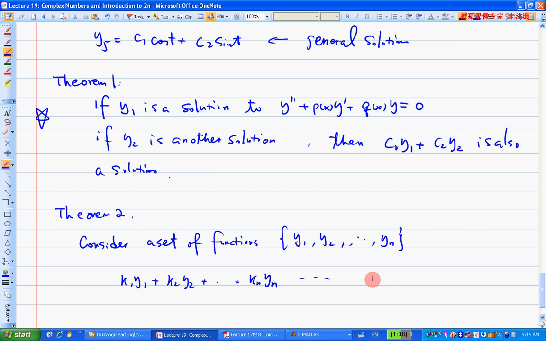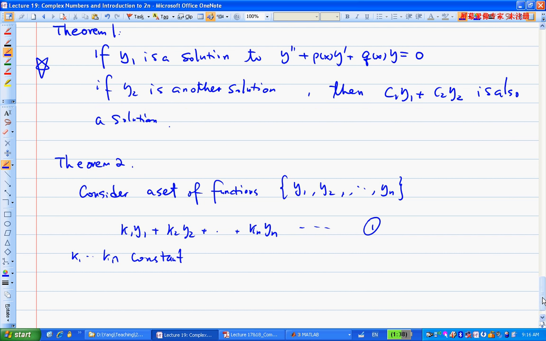Let's call it number 1. Essentially, you multiply each one of the functions with a constant, k1 up to kn. They're constants. I don't know what constants, but you multiply by certain constants.